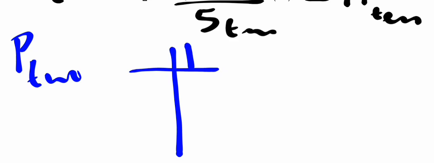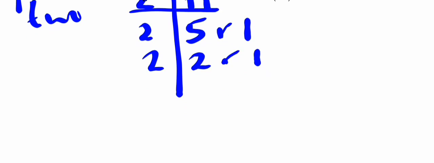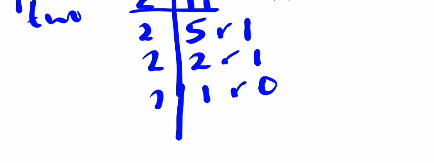That means we tabulate and we divide by 2. So 2 goes into 11 five times, remainder 1. 2 goes into 5 two times, remainder 1 as well. 2 goes into 2 one time, remainder 0. 2 goes into 1 zero times, remainder 1.